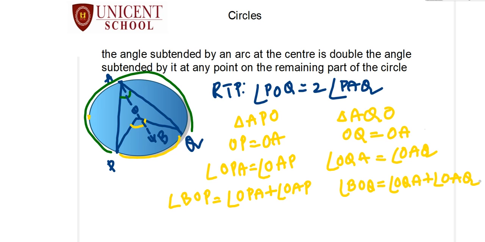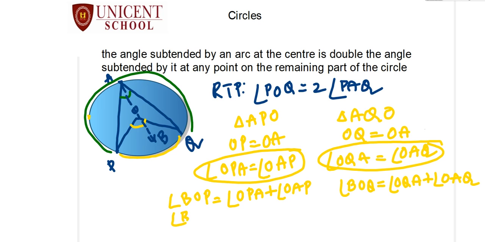After substituting in both the statements, we get angle BOP is equal to 2 times angle OAP. Here also we get angle BOQ is equal to 2 times angle OAQ.